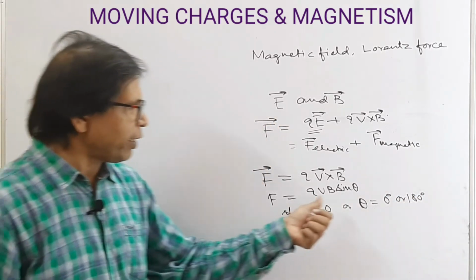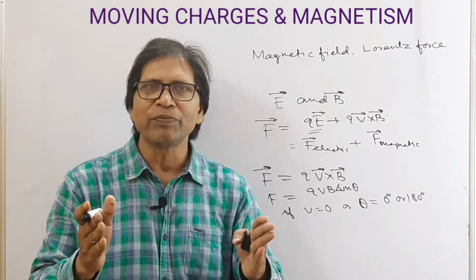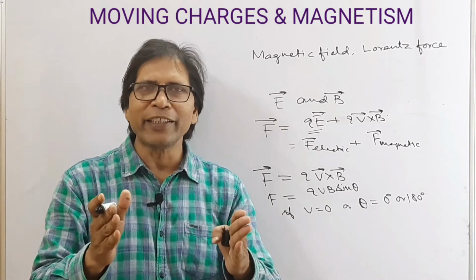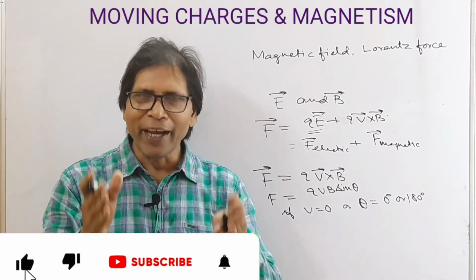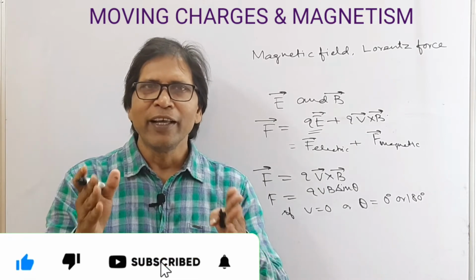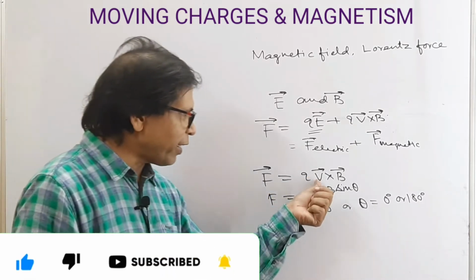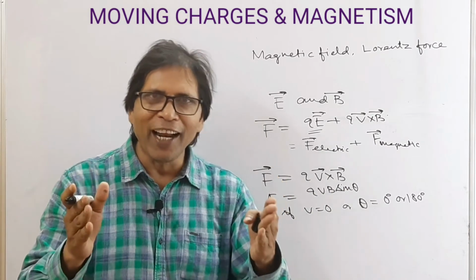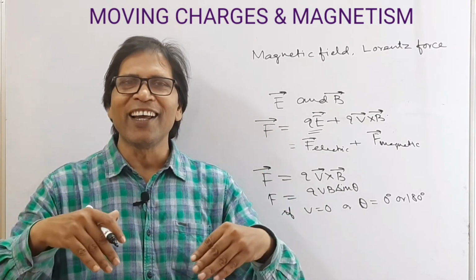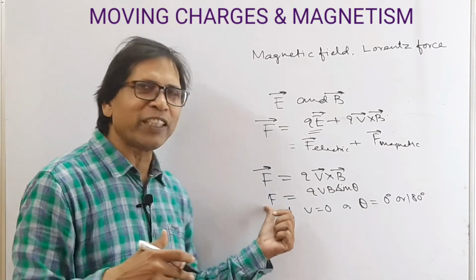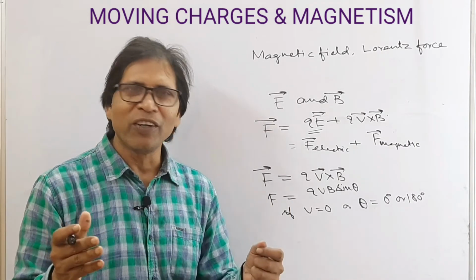That is, if a charged particle moves parallel to the magnetic field, then magnetic force is 0. That is, if V vector and B vector are parallel or anti-parallel, then magnetic force F equal to 0.